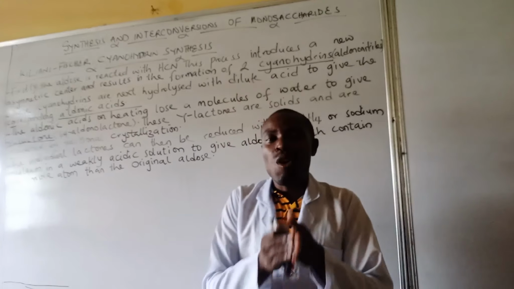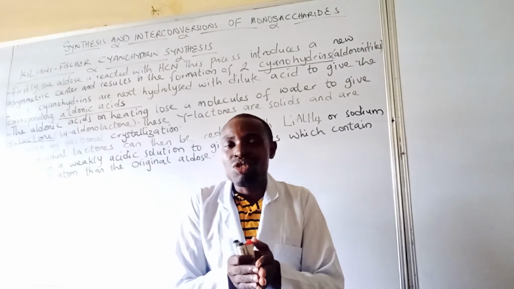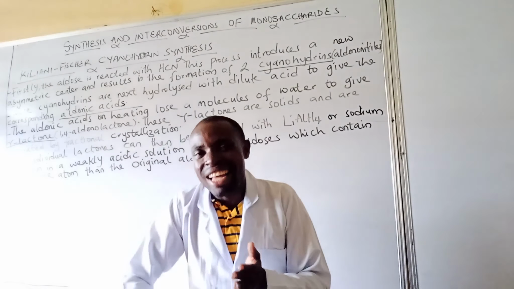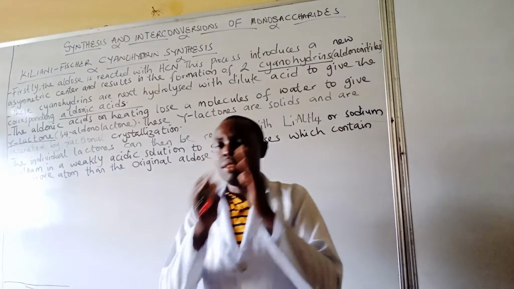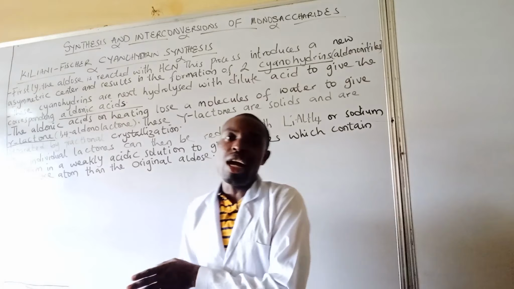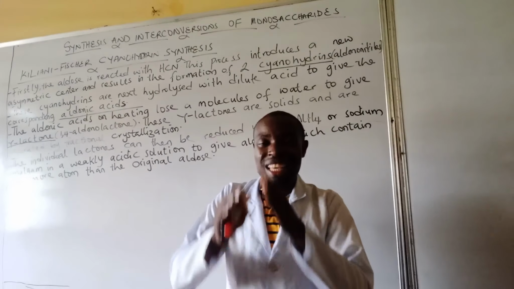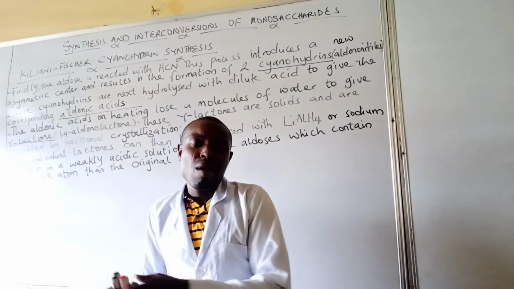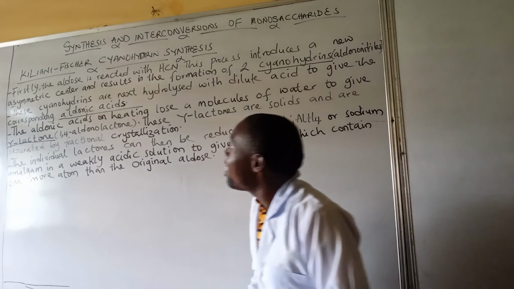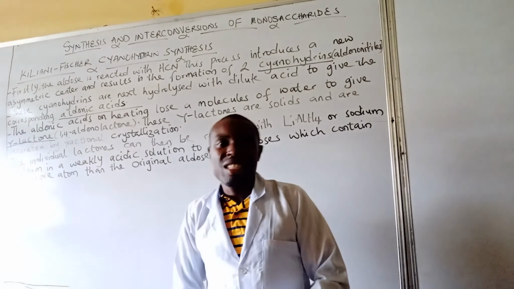Then number three, the conversion of an aldose sugar to the next higher ketose sugar. Number four, conversion of an aldose sugar to a ketose sugar. Number five, the conversion of a ketose sugar to an aldose sugar. But in this video, we'll be talking about the Kiliani-Fischer cyanohydrin synthesis.